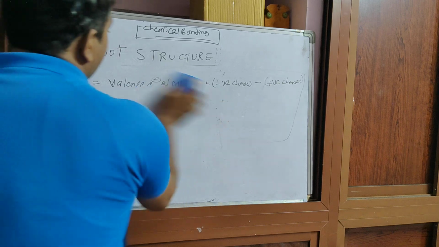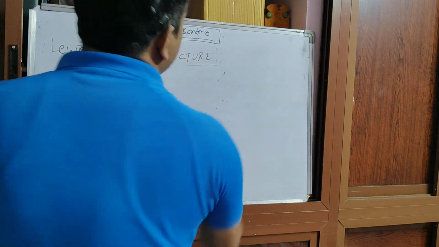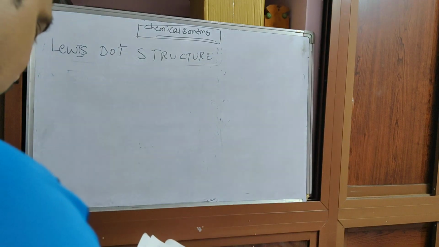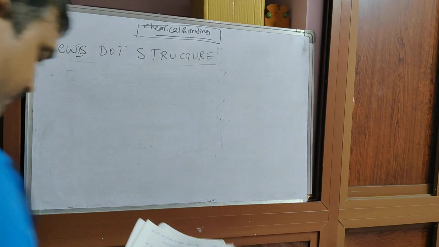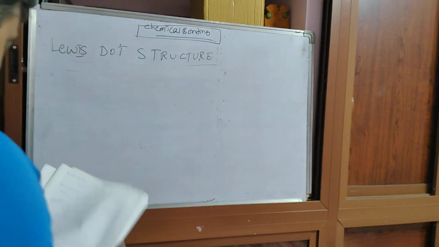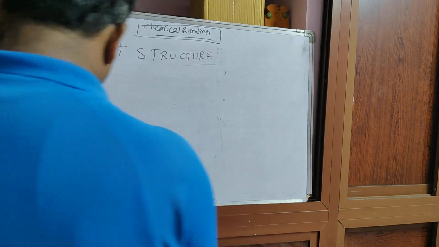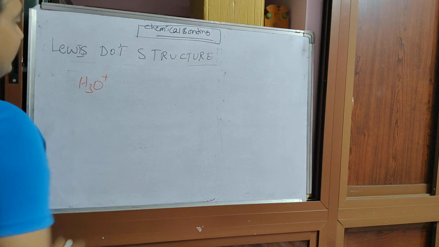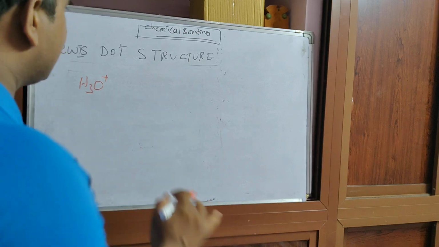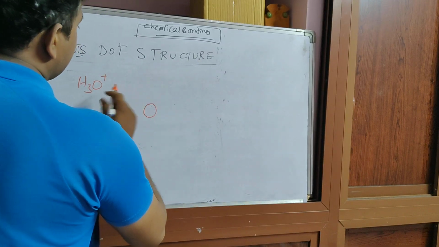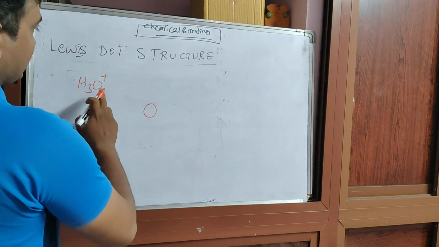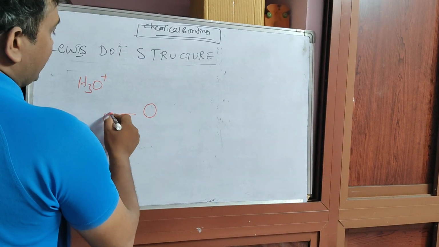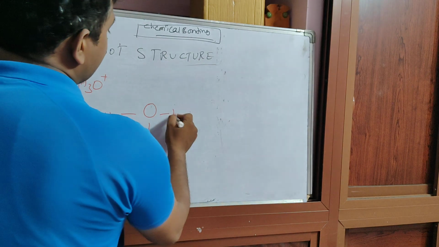If you want to identify any molecule, for example, if you take H3O plus, how to identify which one is the central atom? Oxygen is the central atom because it has the highest atomic number. Three hydrogens are there.